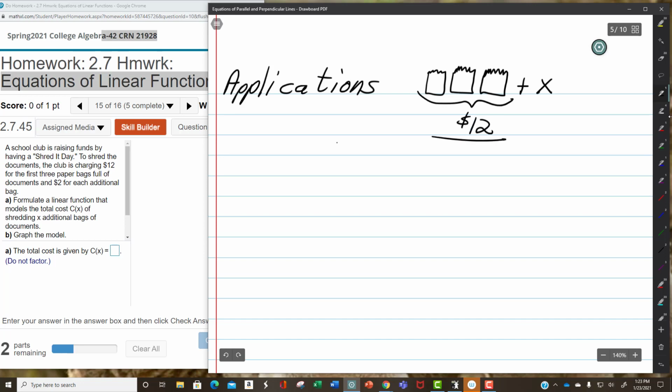So this is like a flat fee. And then for however many other bags you bring in, you're going to pay $2 each.